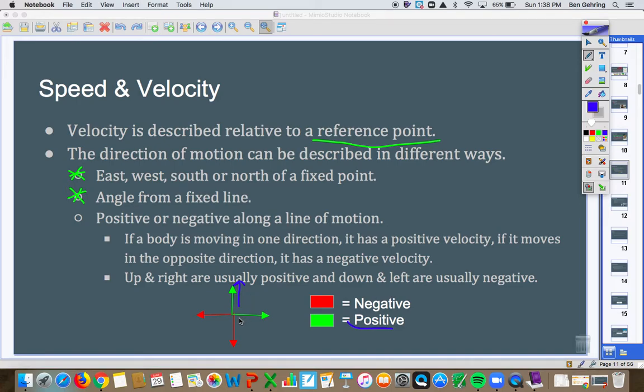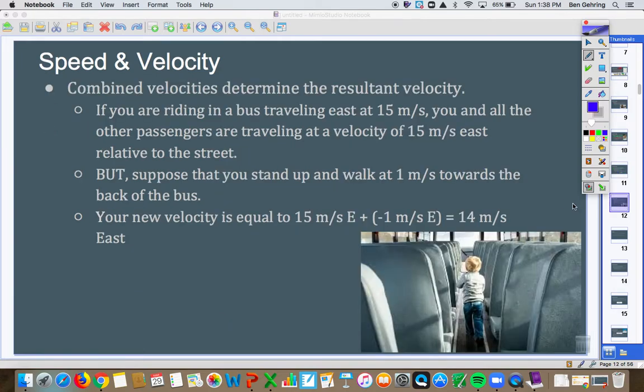And now on a graph we always indicate right as being positive, which then would make left and down negative. Does not matter if you do it that way or not. It just matters that you have one direction positive. So again, one direction's got to be a positive velocity. If it moves in the opposite direction, it's got to be a negative velocity. That's the important piece. That's the vector component of velocity.